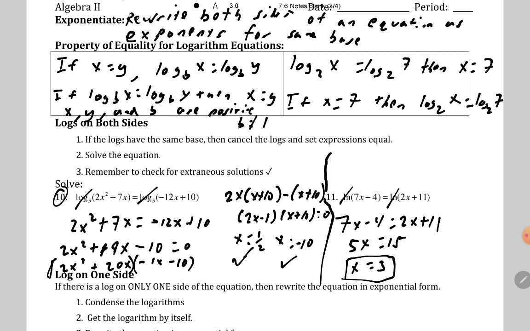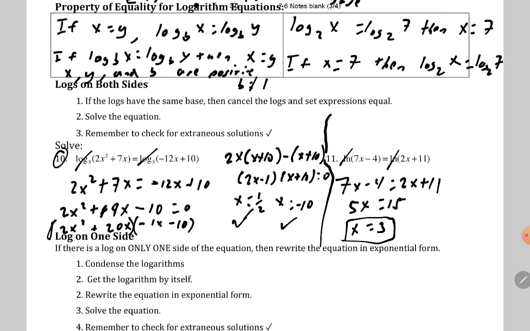And then 2 times 3 is 6, plus 11 is 17. There we go. So we got natural log of 17 equals natural log of 17. Yes, this works.